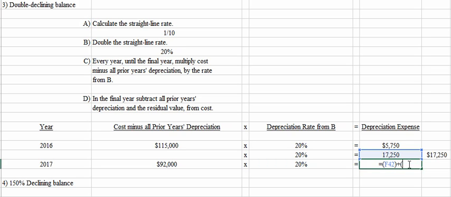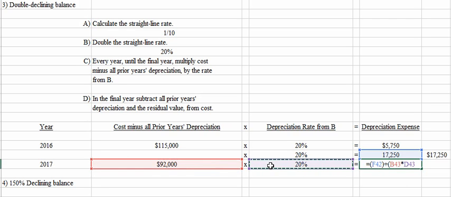So plus the 92,000 times the 20% times the 3 months at the end of the year divided by 12. Okay, so the F42, the 17,250, is depreciation expense for the first 9 months of 2017.